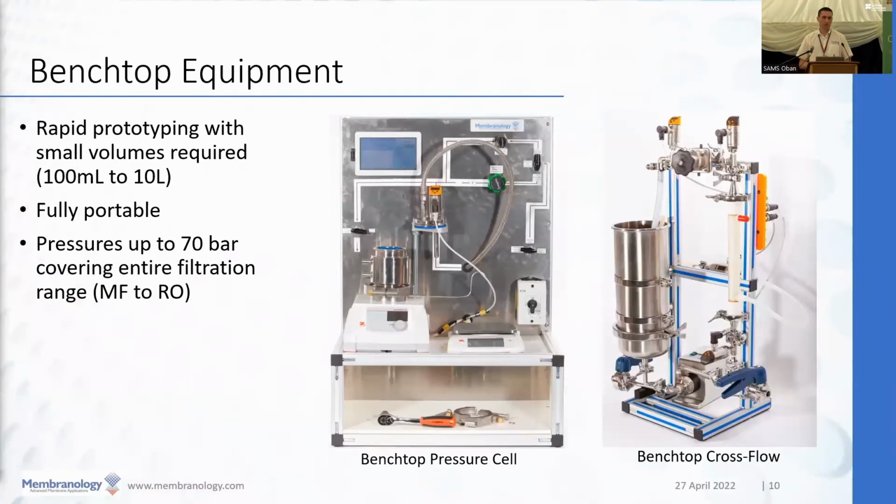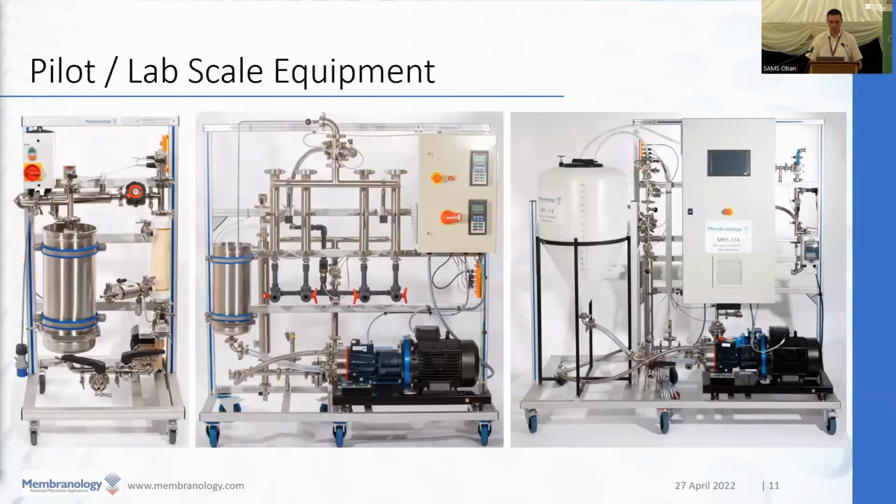In terms of scale, we've got a load of different scale equipment depending on how much we want to process. There's benchtop equipment that runs from a couple hundred mils up to maybe 50 to 100 litres of material. And then we have a bunch of pilot scale equipment. These are mostly for our in-house use, but we've got systems that we've deployed across the world.